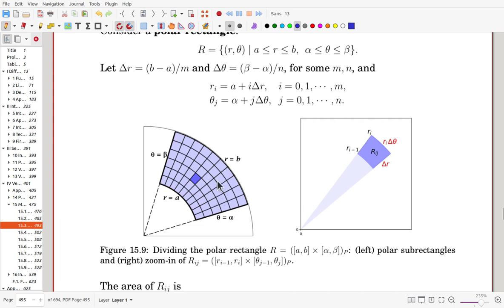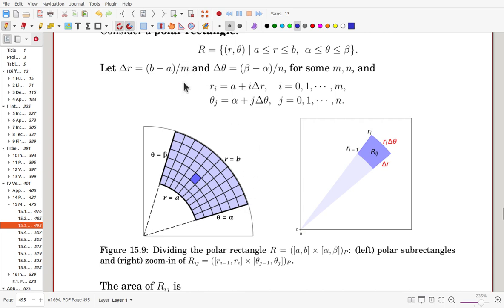Now, to get the integral, we first divide the polar rectangle into sub-regions. In order to do that, in the r direction, we have the divisions here. In the theta direction, also the same. So in the r direction, this length is delta r. In the theta direction, there is delta theta.